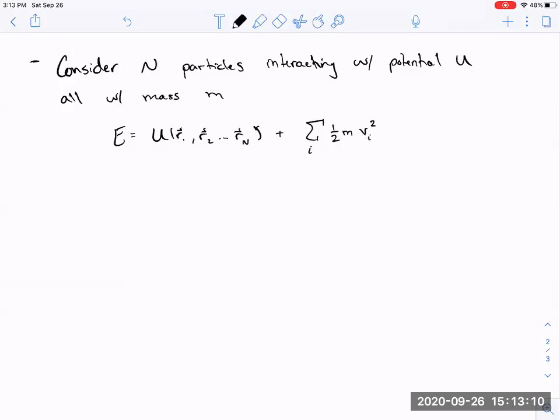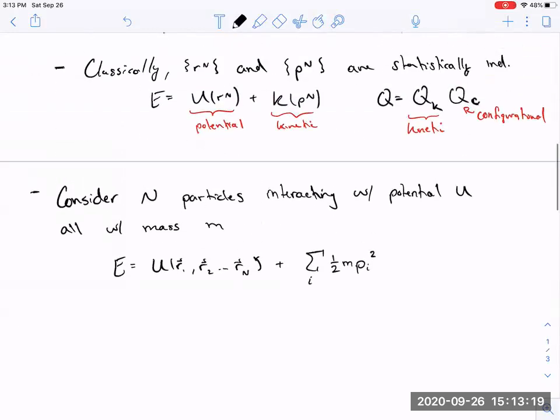That's kinetic energy. Let's actually write that in this case as momentum, to be consistent with the notation up here.